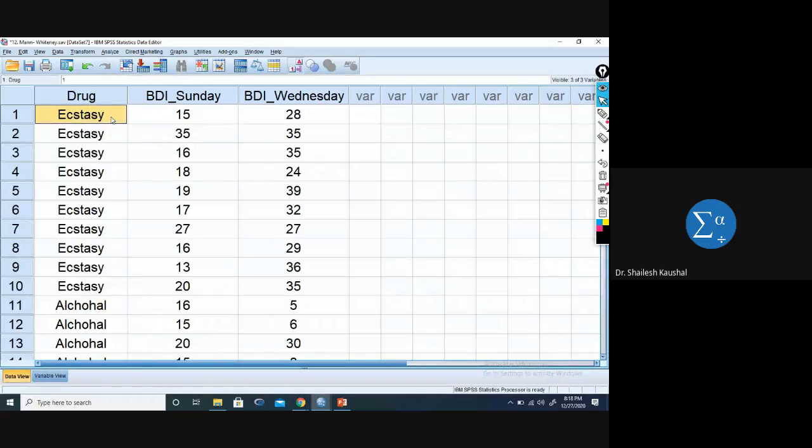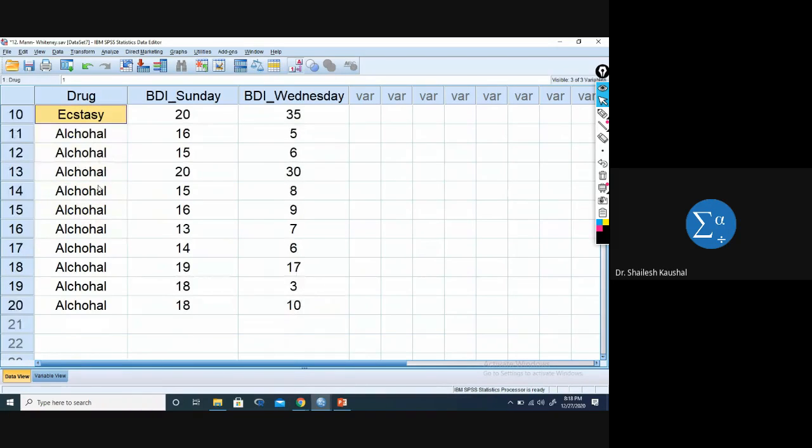The doctor selected two groups. To one group of depression patients, the doctor gives the ecstasy tablet, and to the rest of the 10 patients, the doctor says to take alcohol.